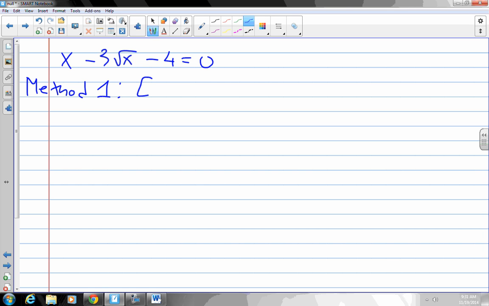Equation with radicals. Remember how we solved that? Step 1, isolate the radical. Step 2, kill the radical. Step 3, check for more radicals. Step 4, solve whatever's left. Step 5, check your solutions. Remember that? You just did those on Monday. We kind of had that worksheet.